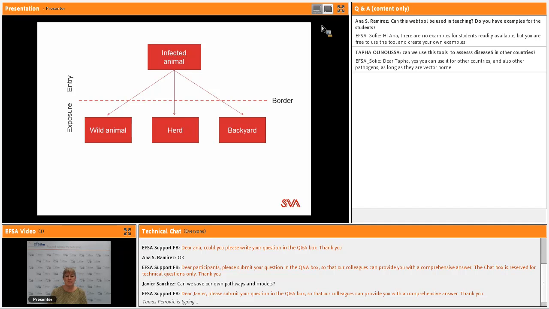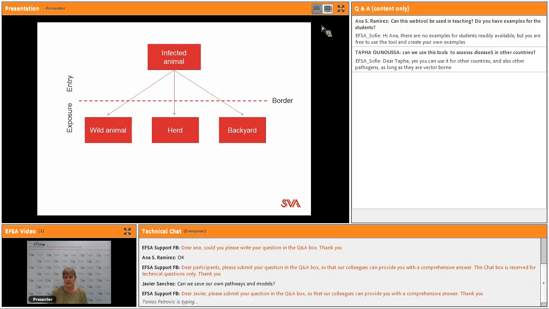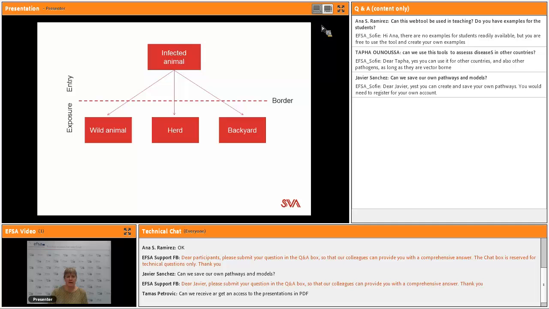The reason for that is mainly that in most cases the most relevant pathways for Sweden are indirect pathways, and therefore we assume that we have introductions or entries that are never exposed to animals and therefore never give rise to an outbreak. And therefore we thought that including exposure in the probability of introduction would give a more accurate estimation of the probability.